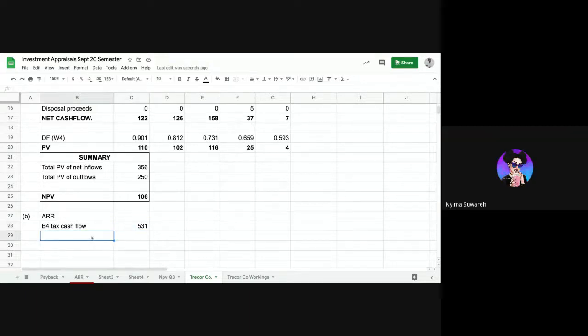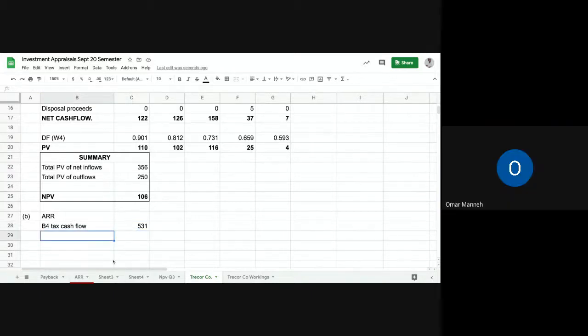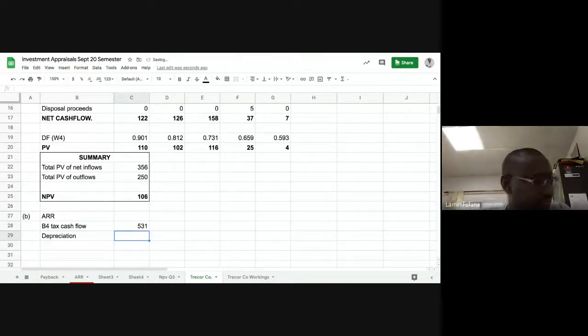Accounting profits. Okay, so to take this to accounting profit, what do we consider? The depreciation. So we calculate our total depreciation. What's our total depreciation?